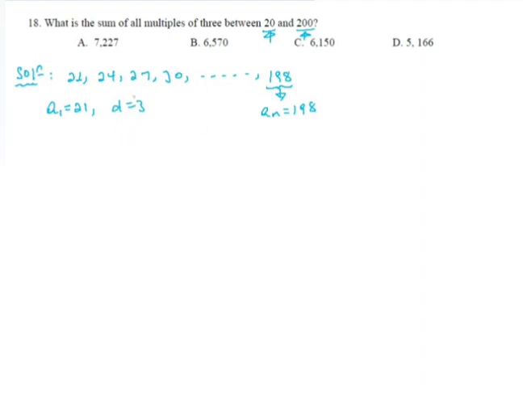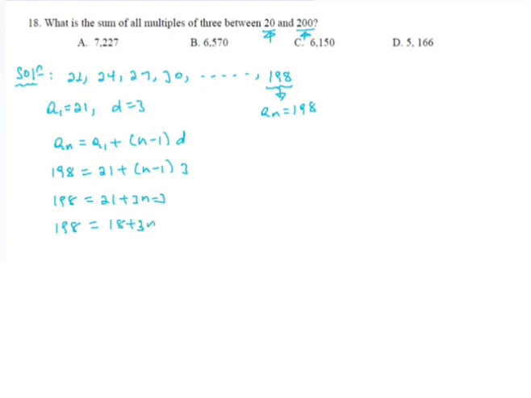To know the number of terms in this interval, we use the formula an equals a1 plus n minus 1 times d. So our an is 198, which is the same as 21 plus n minus 1 times the common difference. This means 198 equals 21 plus 3n minus 3. So this is the same as 18 plus 3n.